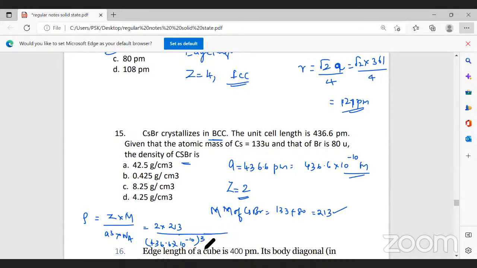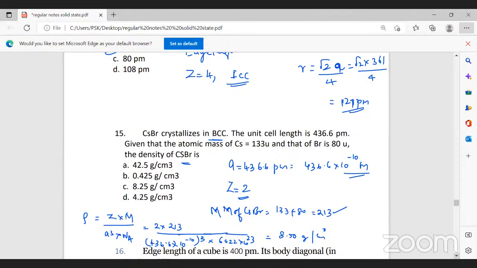Avogadro's number is 6.02 into 10 to the power 23. This is simple mathematics. If you simplify, you will get density as 8.50 gram per centimeter cube.